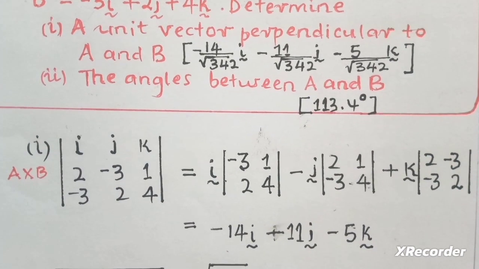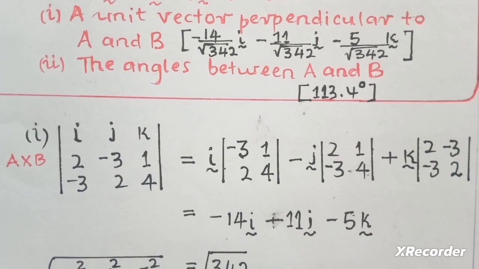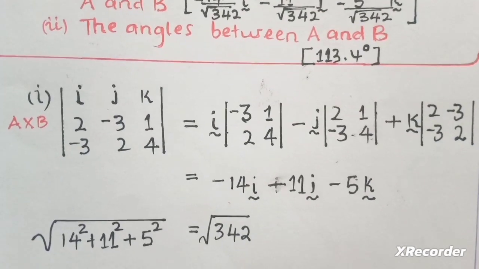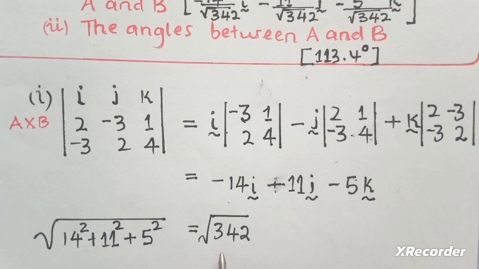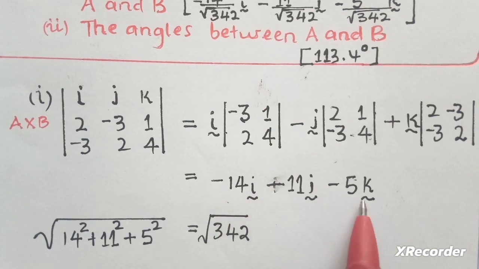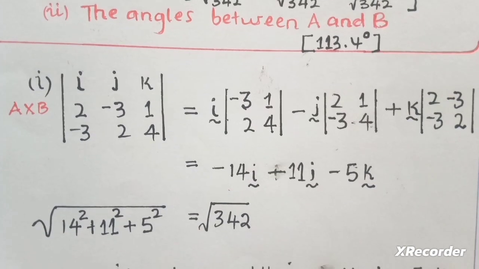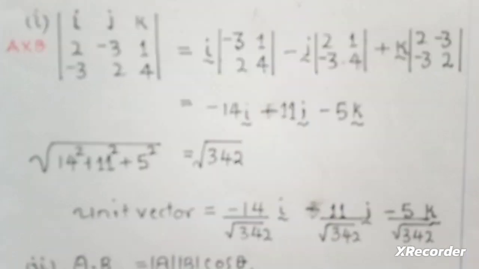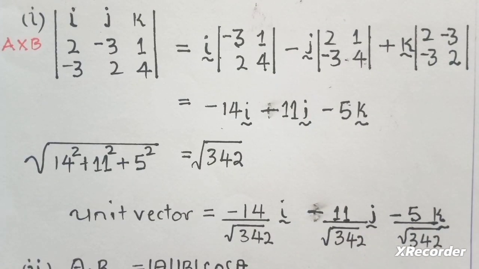Then for the unit vector, we have to look for the magnitude of that vector after it has been crossed. So we come and divide, just as we did in the former one.